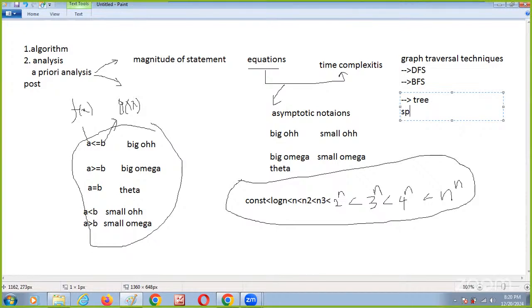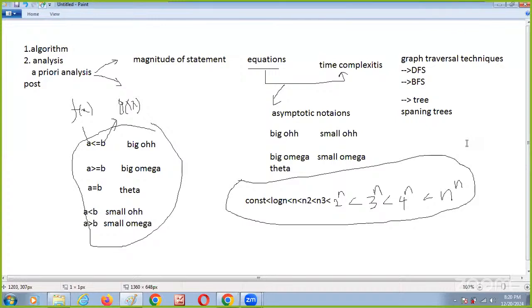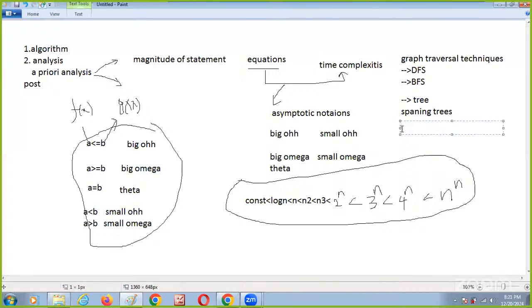Later we went to spanning trees. We have already seen how to find the different spanning trees for a given graph. What is a spanning tree, and how many possible spanning trees are there for a given graph?